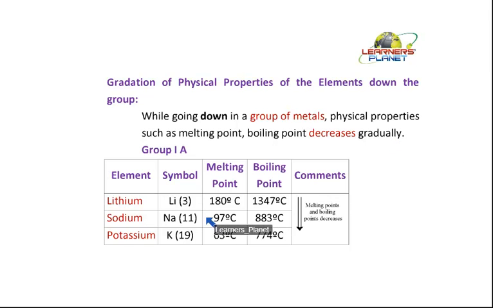I have shown you here in the table that for lithium the melting point is 180 and the boiling point is 1347 degrees centigrade. But if we look at potassium, it is 63 degrees centigrade and 774 degrees centigrade.